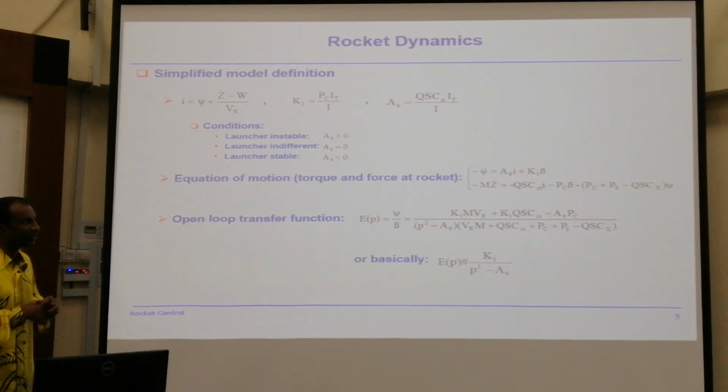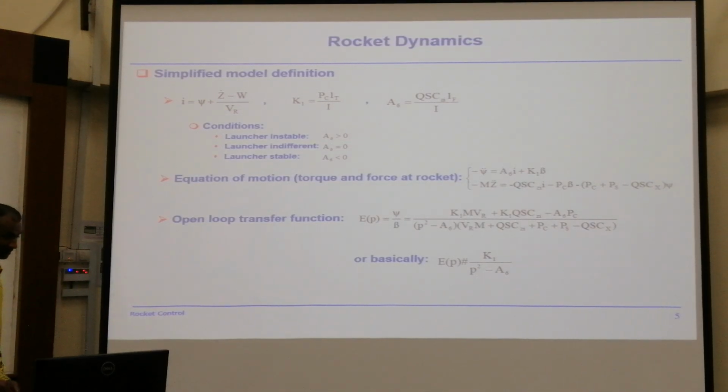So when you can deduce this, you can come up with a simplified model which carries very important parameters. So I define the incident angle. Ki I define is basically the control thrust. Basically, you have the distance, okay, and this is the initial.